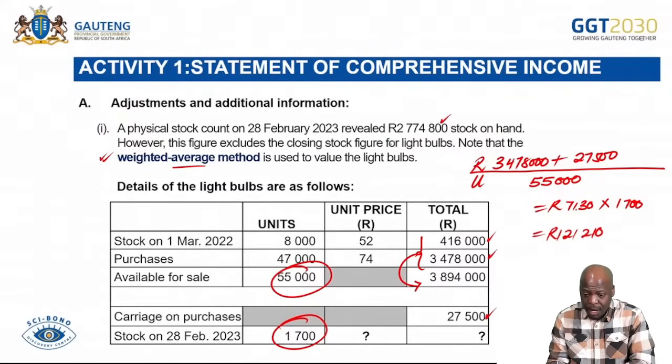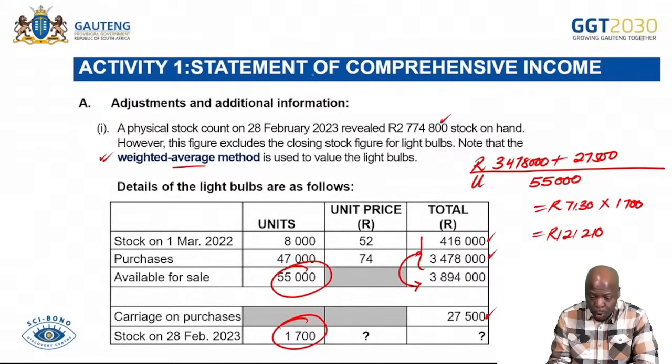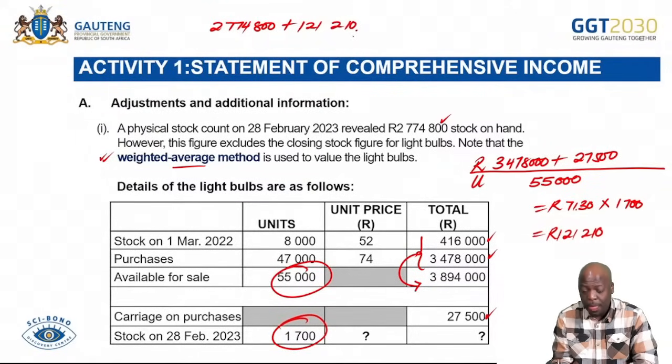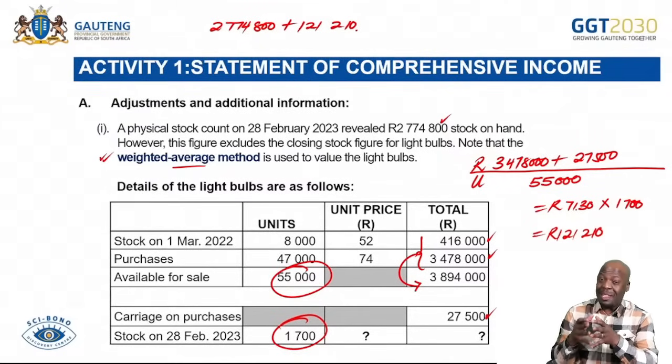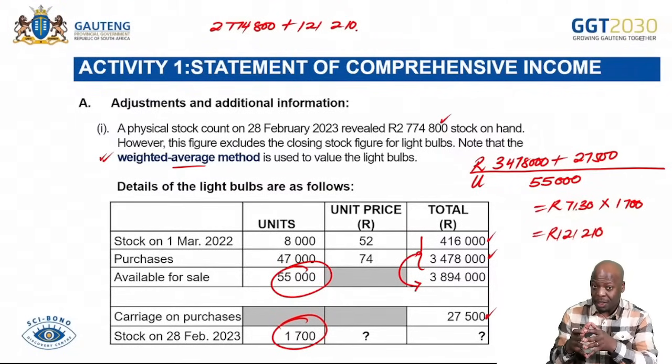In other words, if I want to know my stock now, I'll be coming here to say 2,774,800. Then I would say plus 121,210. Okay, when we're still here, let me talk of the options that the examiner can test you on. Number one, the examiner can test you on stock that has been stolen.